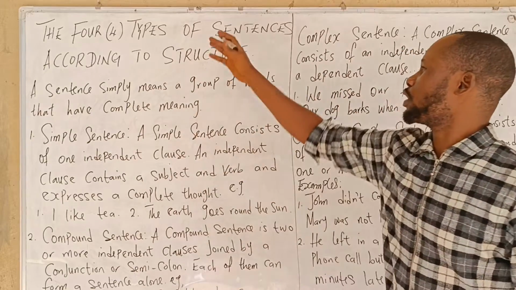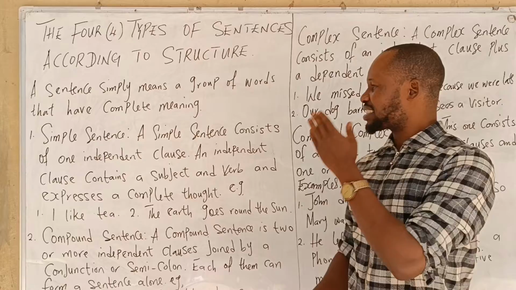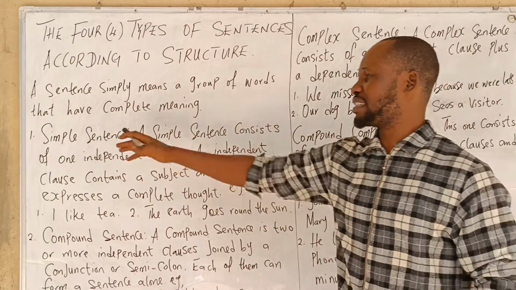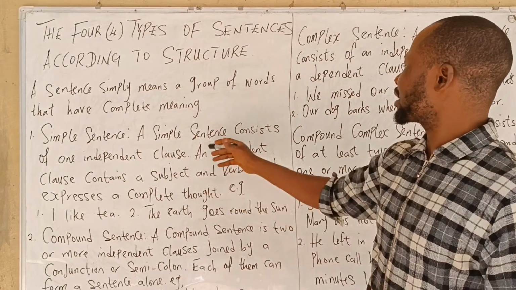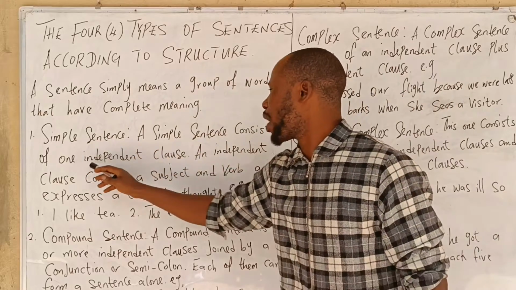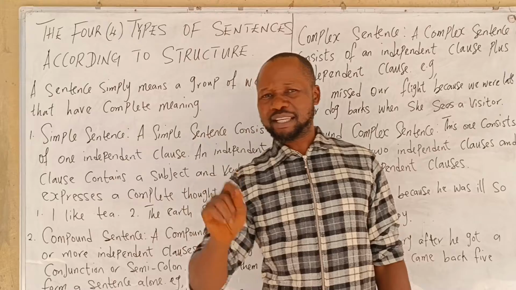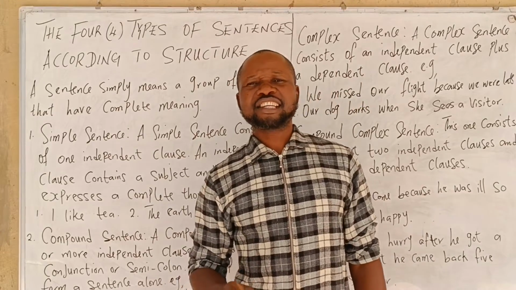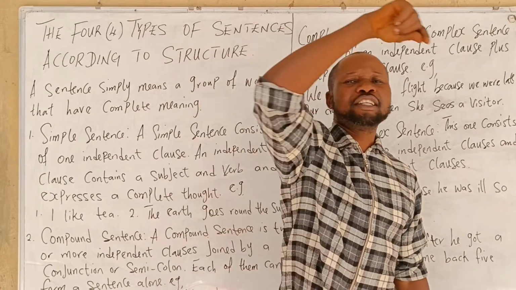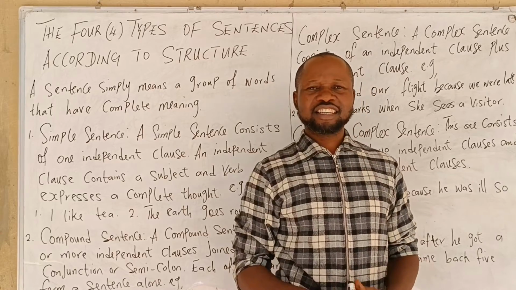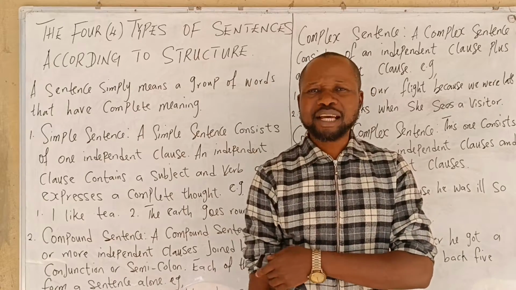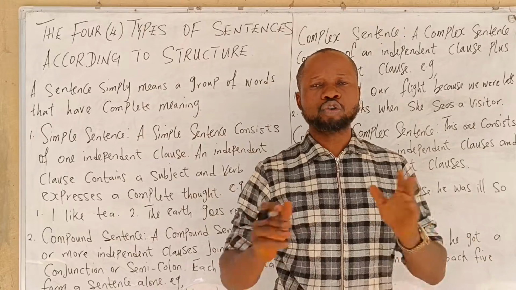Now let's go to number one type of sentence according to structure, which is a simple sentence. A simple sentence consists of one independent clause. Please, when we say independent, it means it's not depending on another word. It means it can make meaning on its own.